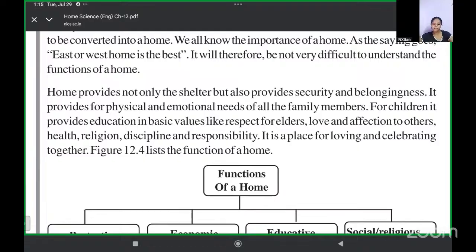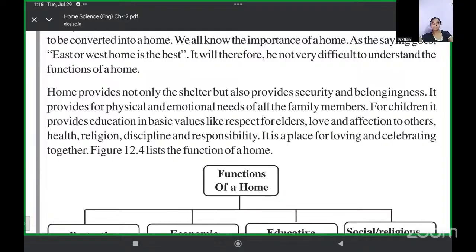For children, it provides education in basic values like respect for elders, love and affection to others, health, religion, discipline, and responsibility. It is said that the home is our first school and the parents are our first teachers. Why is that?